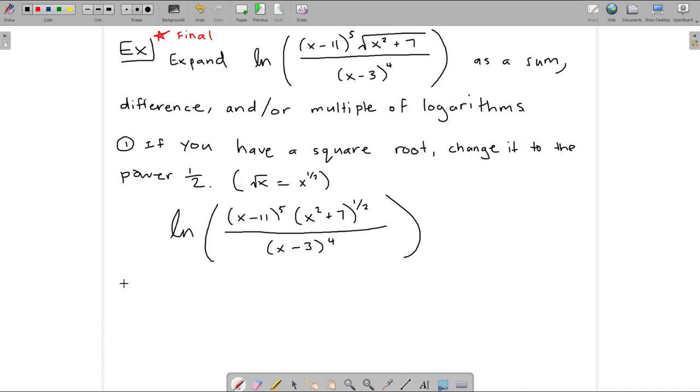So we can tackle the sum and difference parts, the quotient and product, all at the same time. So now apply the product and quotient properties.